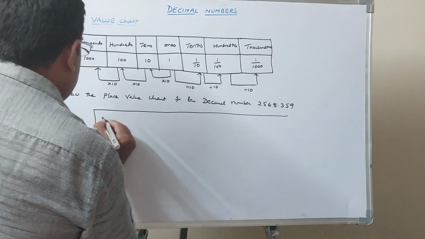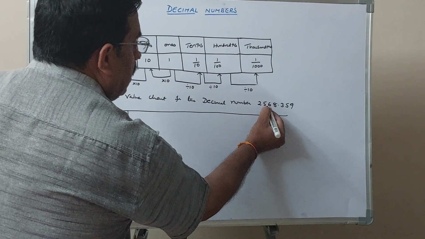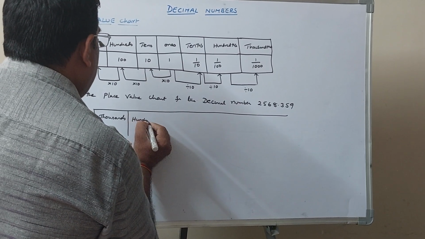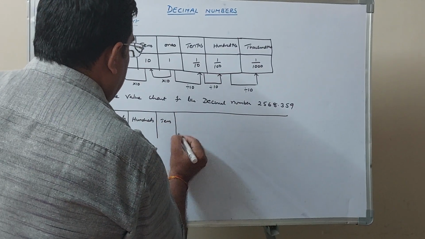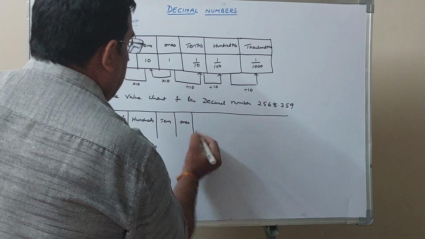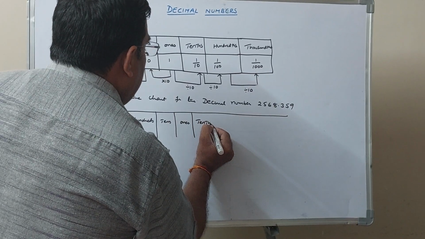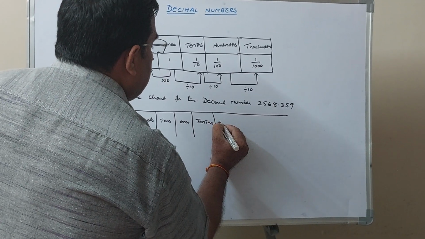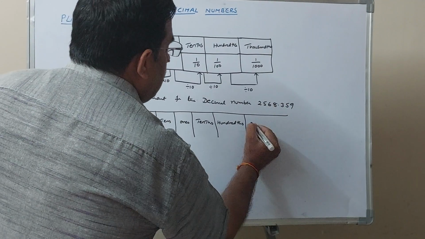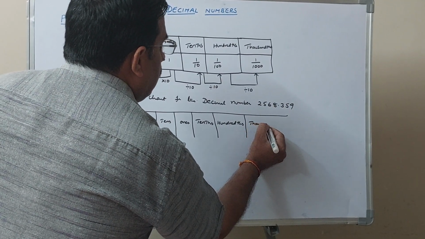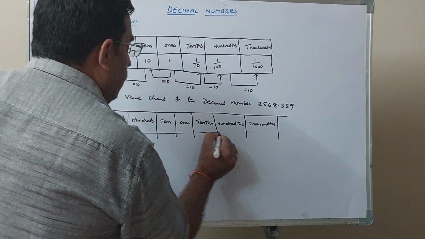Ones, tens, hundreds, thousands, then tenths, hundredths, thousandths. So this is the place value chart.